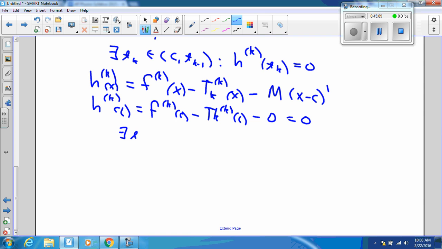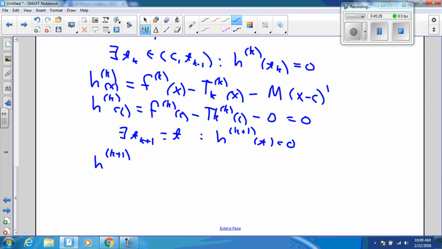And that allows me to conclude one last time that there is a t sub k plus 1, which I'm going to relabel as t, such that the k plus 1 derivative at t is equal to 0. I'll finish this out in 1 second, and then we'll turn you loose. All of this is in your handout, by the way.